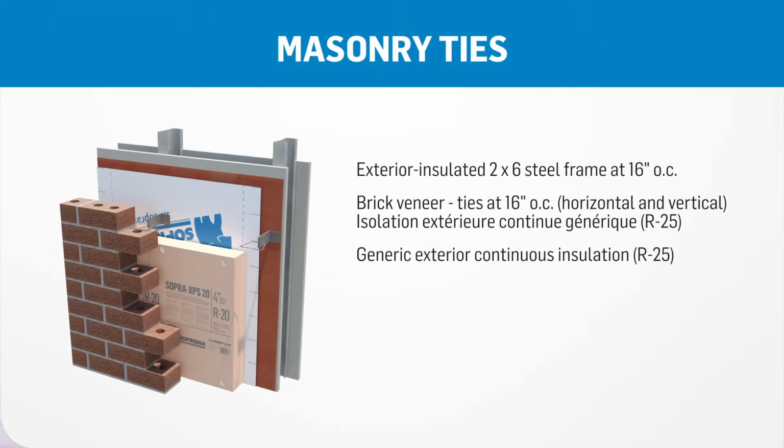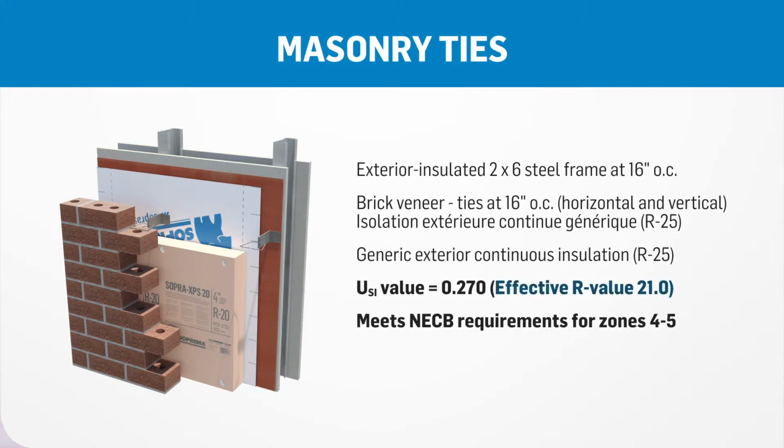If we change the assembly once more and reduce the importance of thermal bridging again by using brick ties, which means brick cladding will be used to complete the assembly, the effective R value reaches 21. This is a definite improvement that is clearly linked to the reduction of thermal bridges. This assembly is compliant with NECB in Zones 4 and 5.